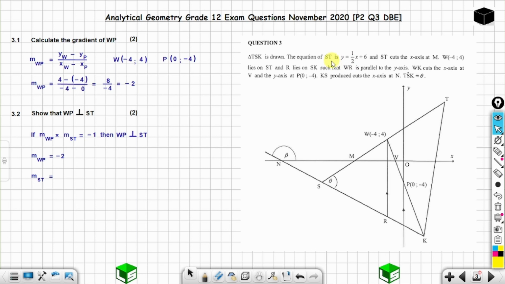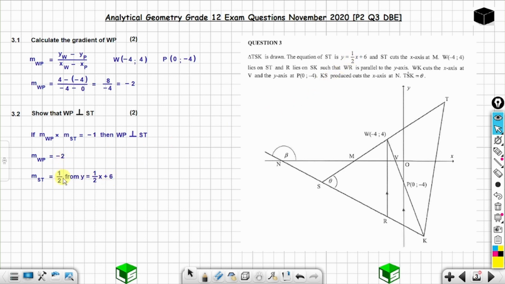The gradient of the line ST is 1 over 2. The gradient is obtained from the equation y equals 1 over 2x plus 6.